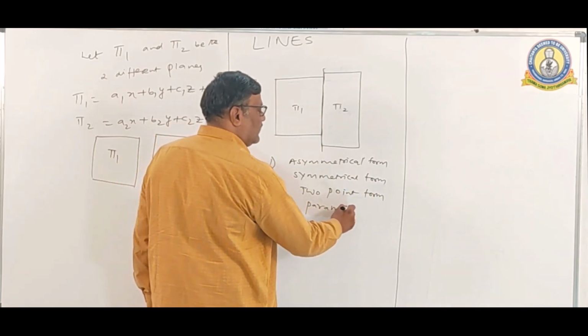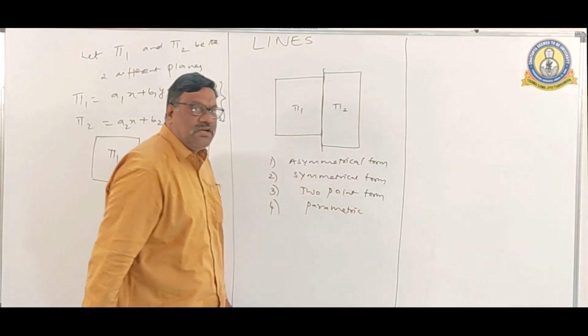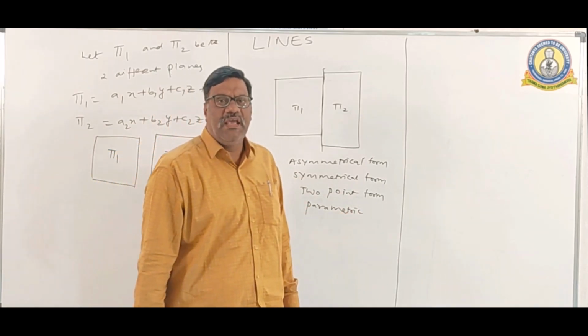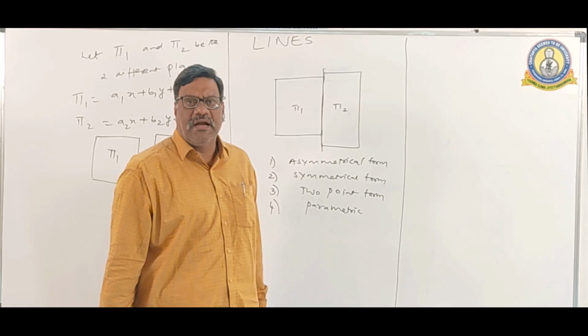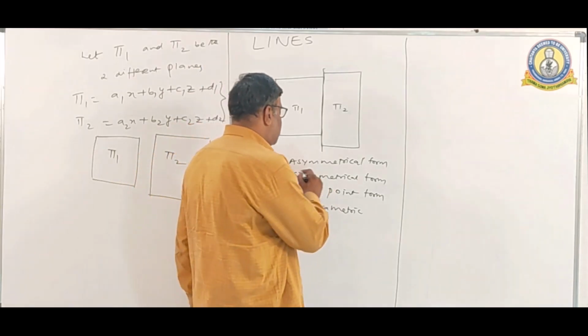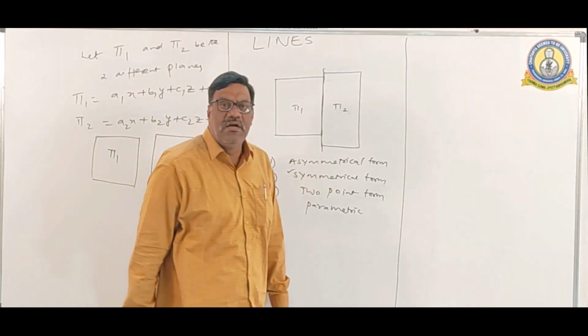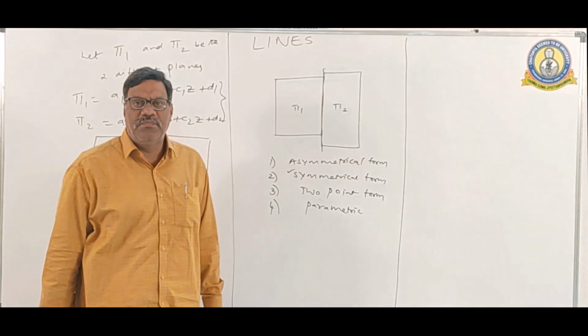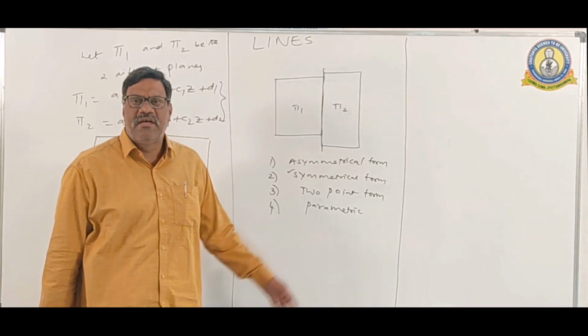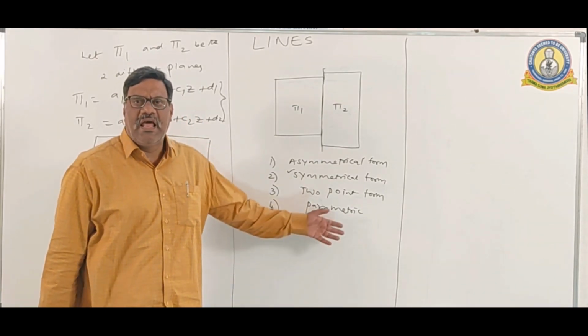These are the different types of equations of lines that we use in regular practice. Once the symmetrical form of a line is known, the two-point form and parametric form will be calculated automatically.